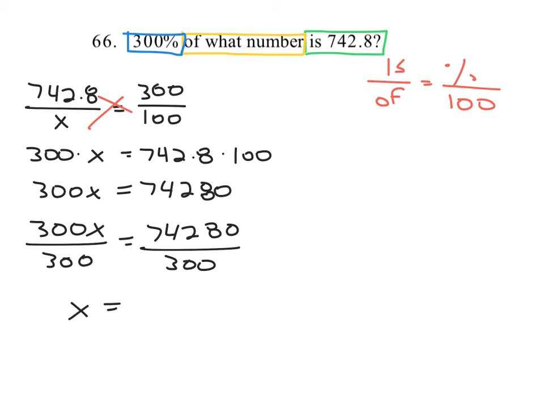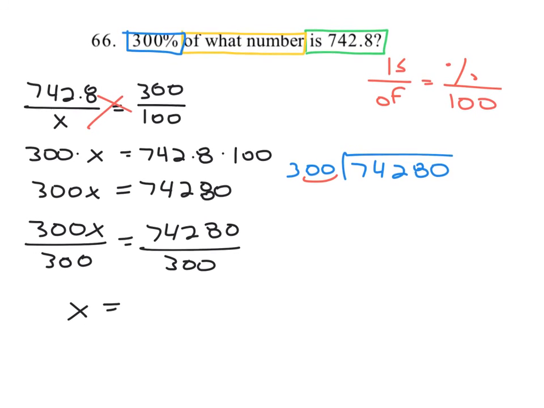I'm going to write the problem over here, and I'm going to show you something you could do. We're doing 74,280 divided by 300. It's a fact that we could come up with an equivalent problem that gives us the same answer if we move the decimals on both numbers the same amount of times for division.